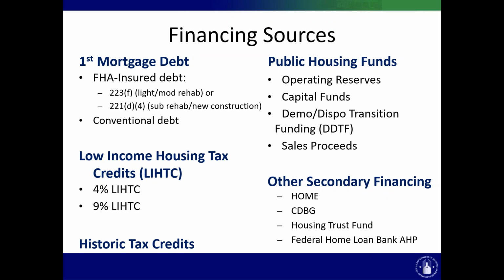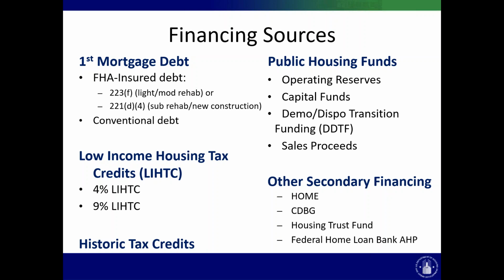Obviously, those are more competitive and more constrained, but we've certainly had a number of RAD conversions that have successfully secured 9% tax credits, particularly when trying to do demolition and new construction of the property. We also see a fair amount of use of historic tax credits, as many public housing properties have been designated as historic over the years.